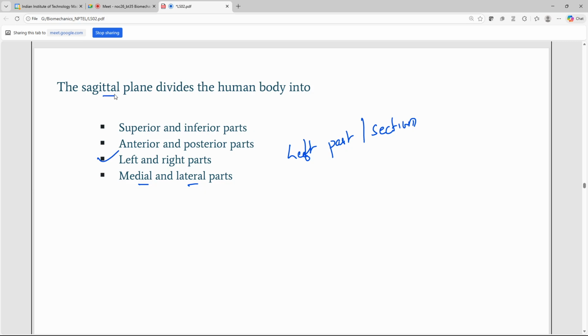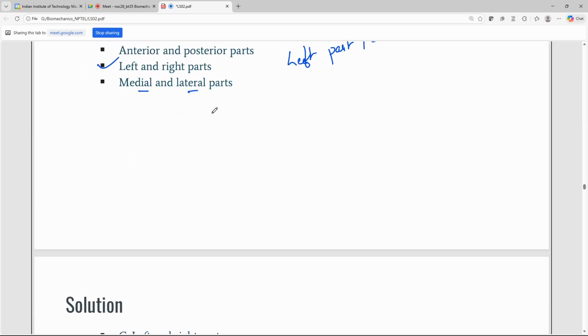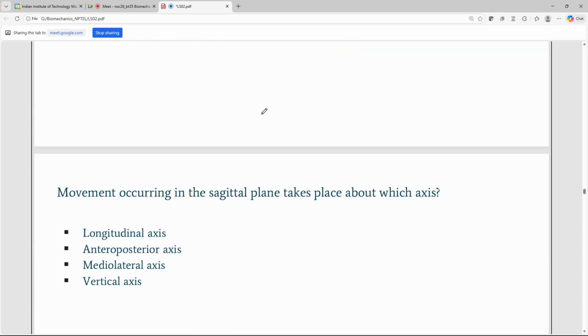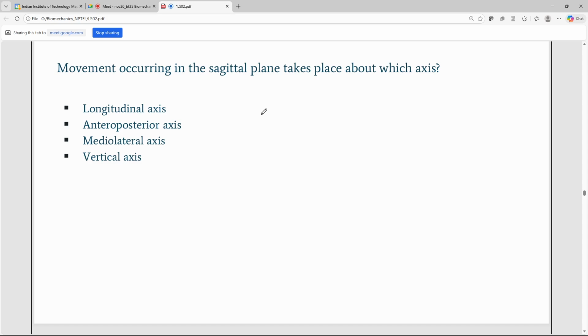Only if the sagittal plane is fixed can we say which is medial to it or lateral to it. So we will be saying left part or right part in relation to the sagittal plane. Medial and lateral is used for expressing direction of movement. So by that explanation, you can simply answer this question.